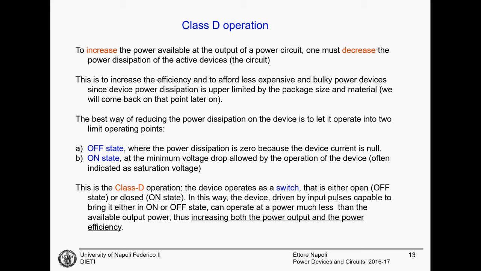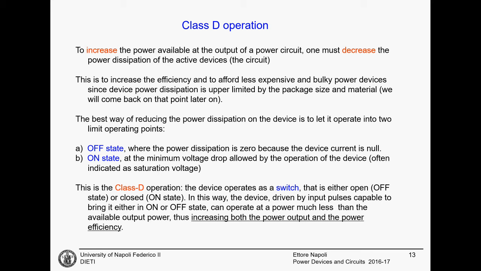The main point of Class D operation is improving the efficiency of the system. For this, we clearly have to change the circuit, but what is the target that we have in mind? We need to increase the power available at the output of the power circuit.